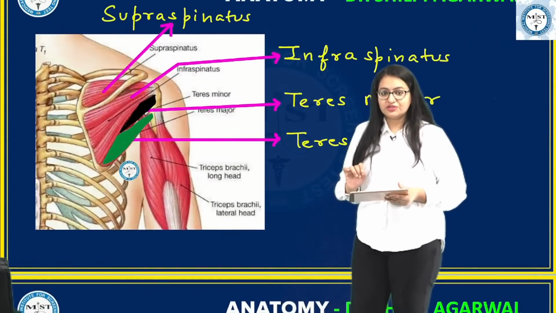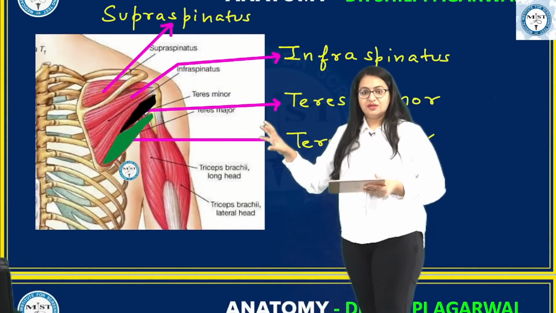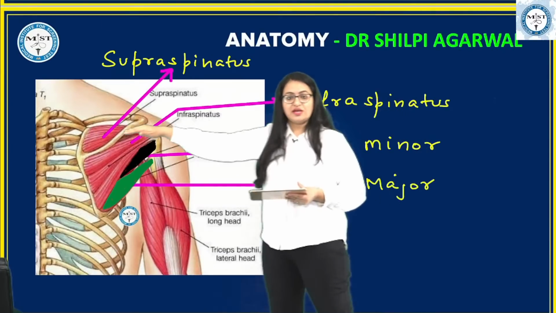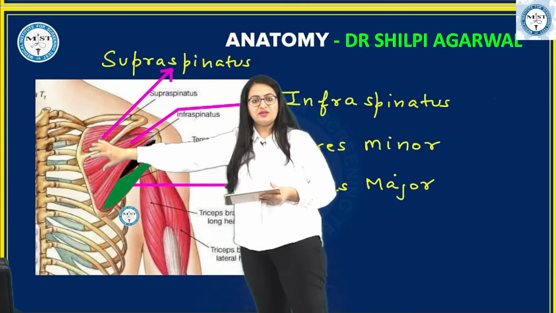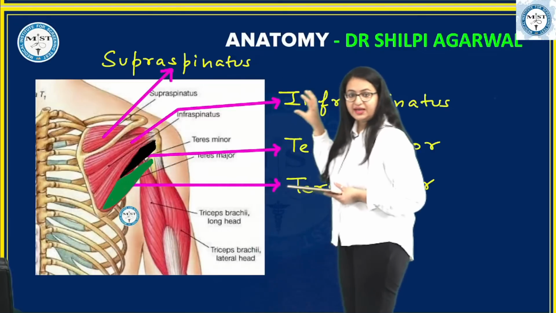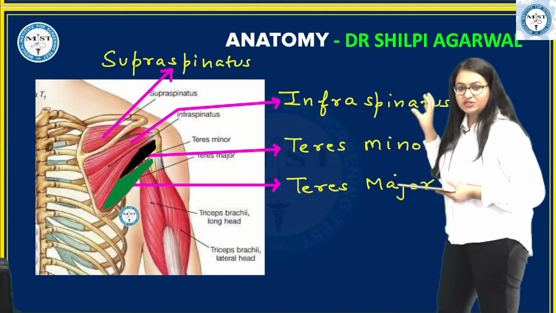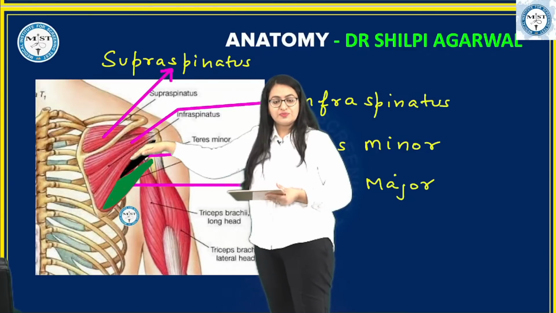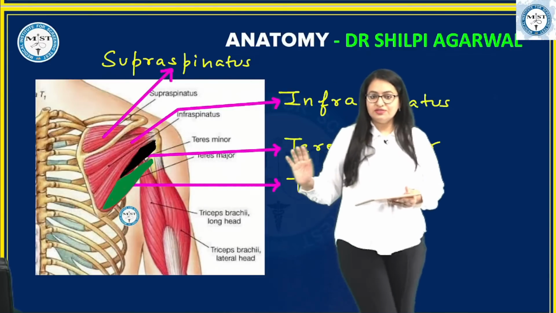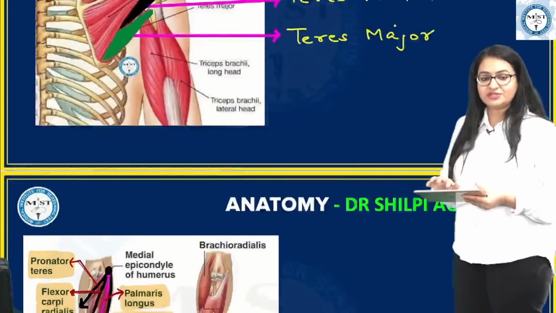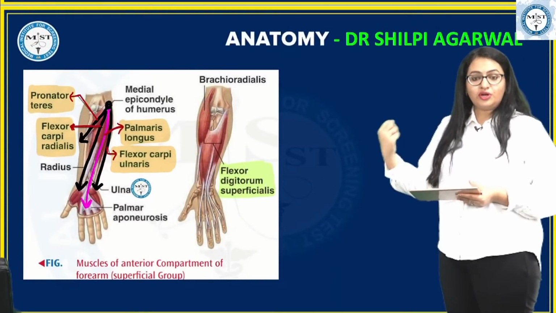Then towards the scapular area, above the spine of the scapula is supraspinatus, below the spine of the scapula is infraspinatus, and between the scapula and humerus, two muscles running parallel: the black one is teres minor and the green one is teres major. You should be able to identify all these muscles. Now for the forearm.